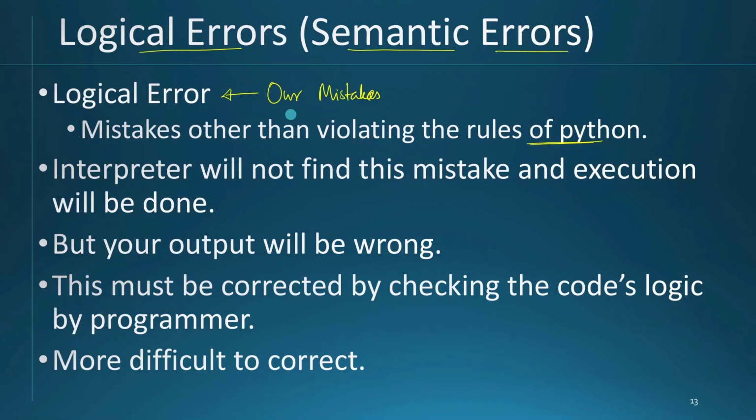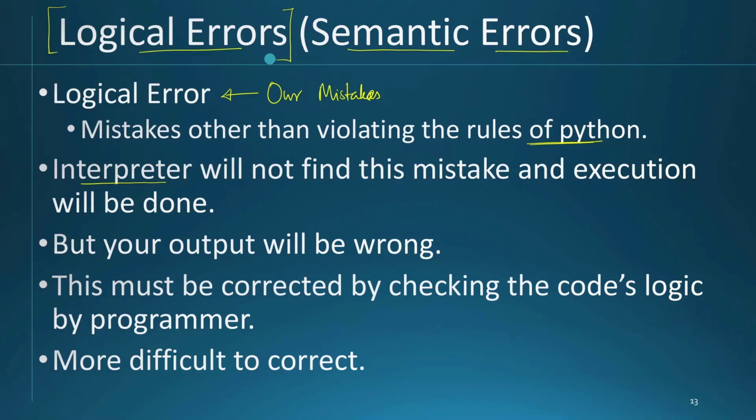In that case, you have to think about whether you have any logical errors inside your program. Here you can see the interpreter will not find these mistakes and execution will be complete. This is where I told you finding logical errors is a little more difficult than finding syntax errors, because with syntax errors, the interpreter will stop the execution and give the error message.